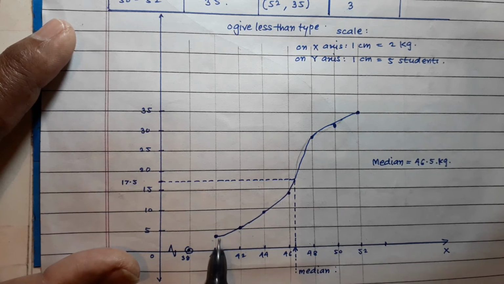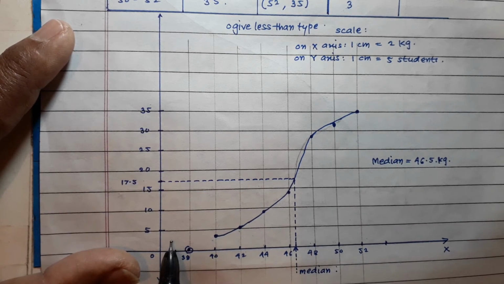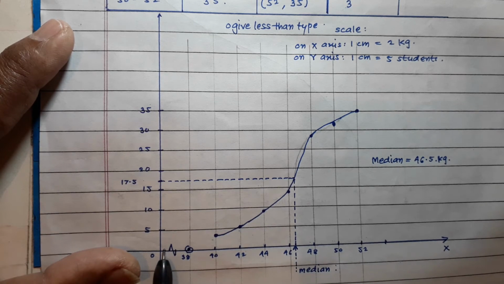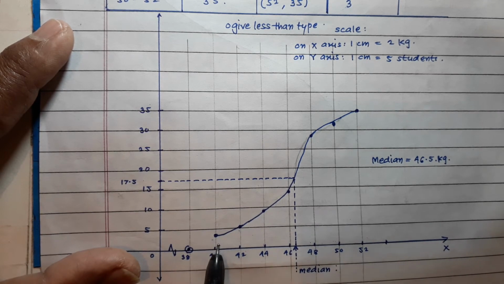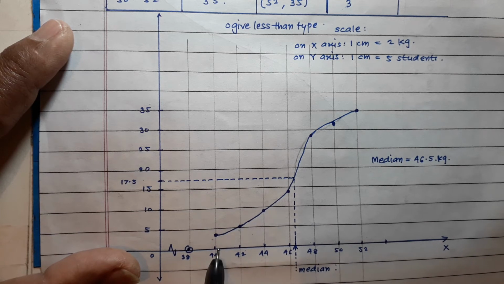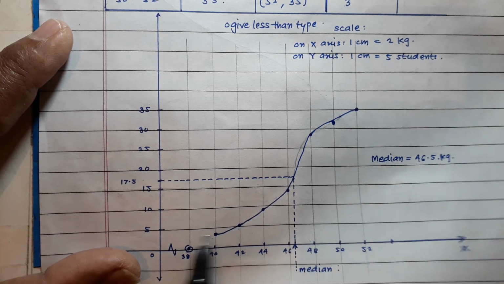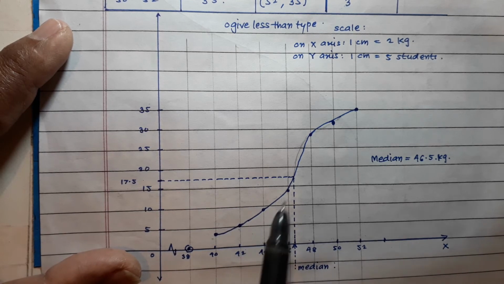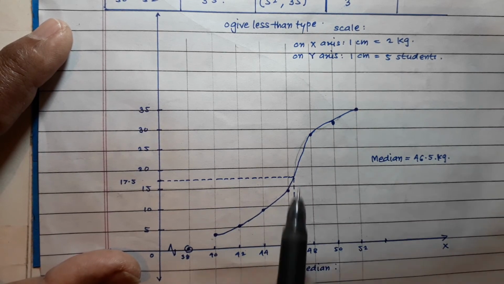At 38 it is equal to 0. Then 40, 3, then 42, 5. Like this you plot all points and draw the curve.